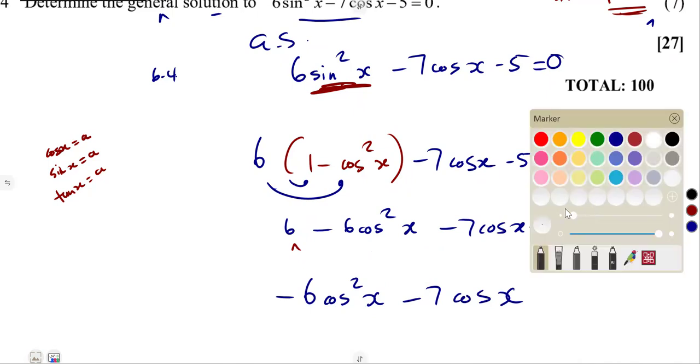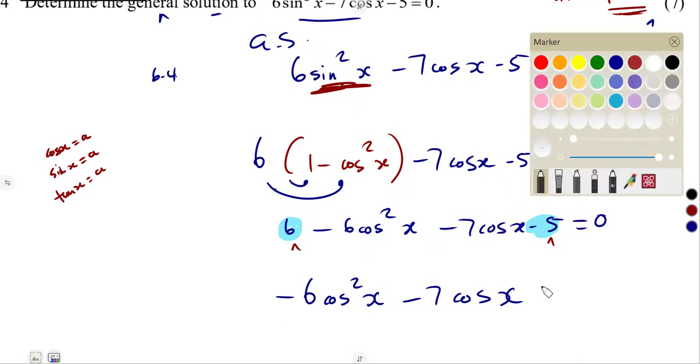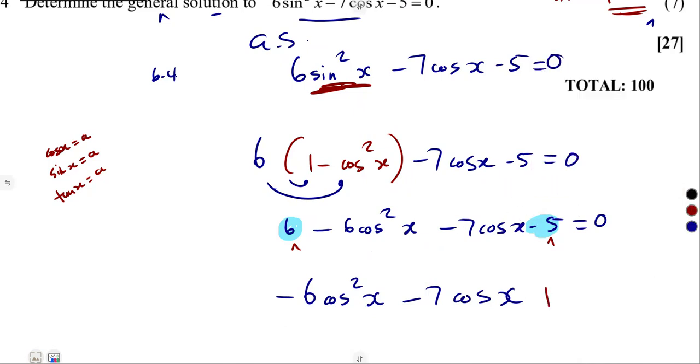If we collect those together, 6 minus 5 is going to give us a 1. So that's a positive 1 that we are going to have. Equal to 0.